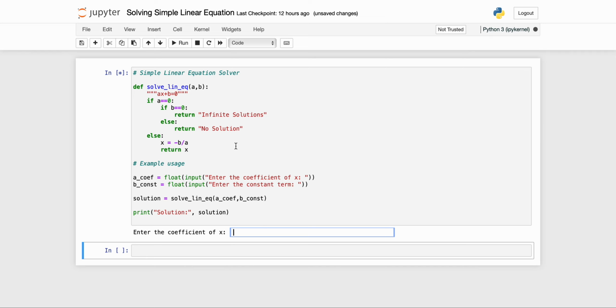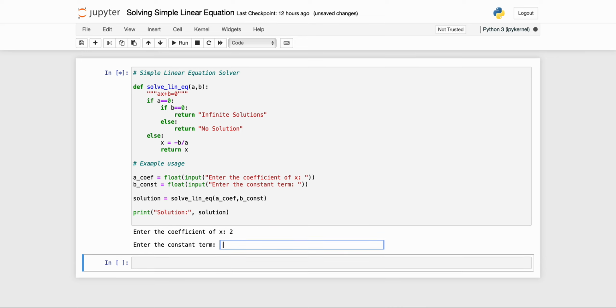So in that case, your coefficient of x would be 2, and the constant term would be negative 4. And so if you have 2x minus 4 is equal to 0, then you're going to add 4 to both sides, and you're going to divide by 2, which will give you 2. So once I enter this, I should get the solution of 2. Let's see if it does that.